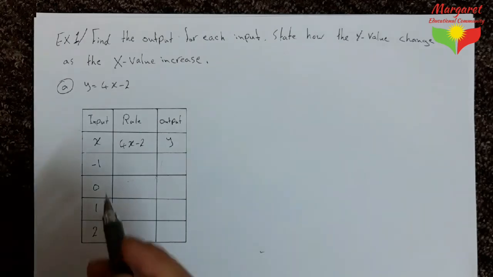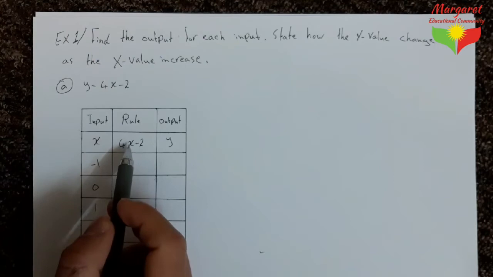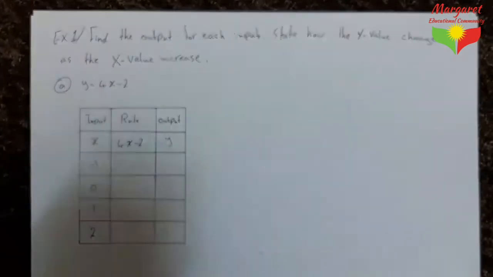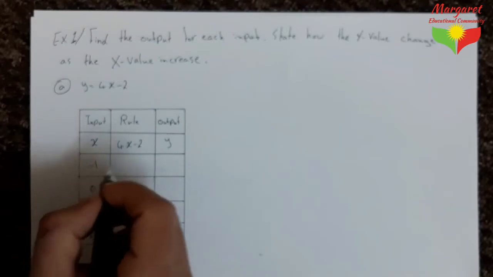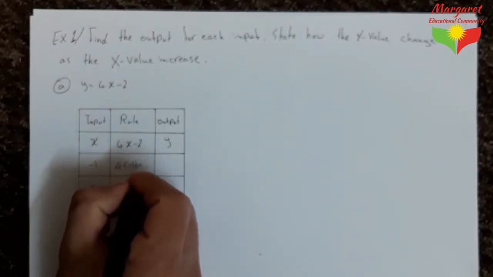Now substitute minus 1 for x since x is the input. ئێمە وتمان بەهای ئینپوتەکان دائەنینەوە و یەکێک لە ئینپوتەکان ناقص یەکە کەواتە لە جێی x دائەنینەوە لەبەرئەوەی x بریتیە لە input. So equal to 4 times minus 1 minus 2.